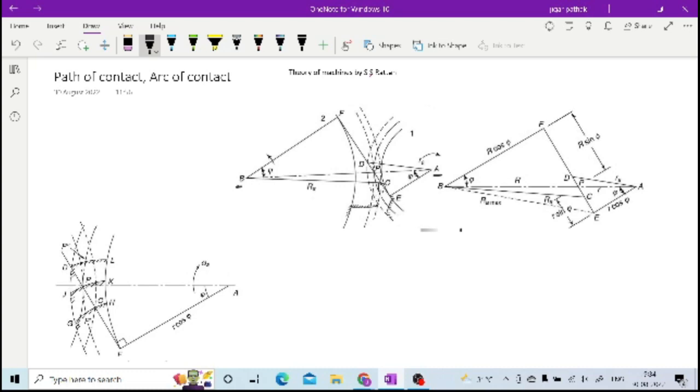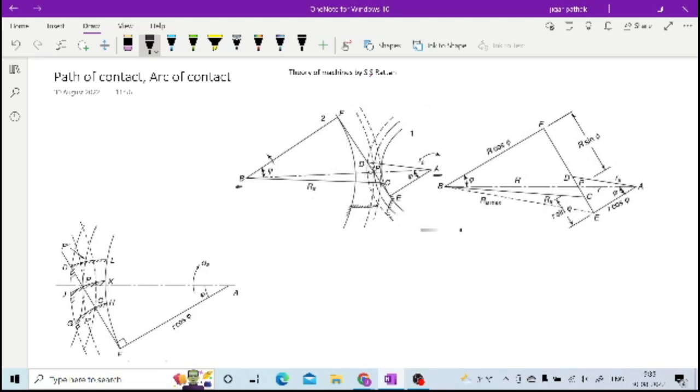Similarly, if you see, it is passing through this pitch point. This pitch point is the point which is always in contact, as we have already discussed, right? And this point C will travel through this point D, right?